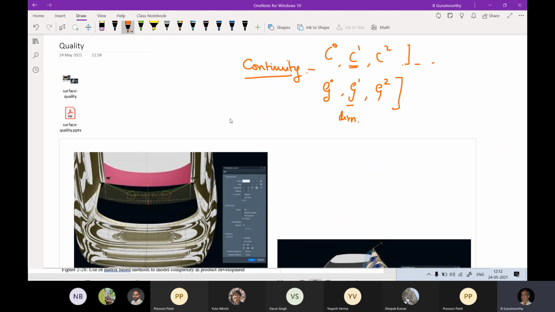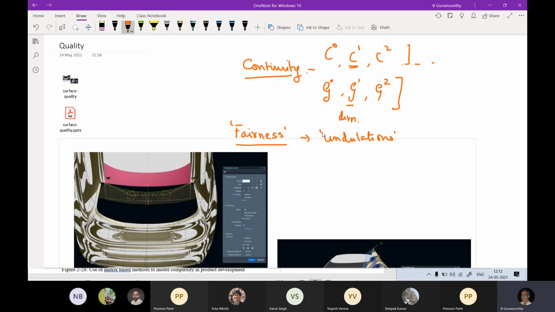That's a place where even tangents are not continuous, but from a visual appeal perspective, perhaps it has been decided that it is desirable. But the quality that I'm referring to today doesn't have to do with continuity. It has to do with the notion of what people call fairness. Now, there's no formal definition for this, but essentially you can think of it as the undulations in the surface.